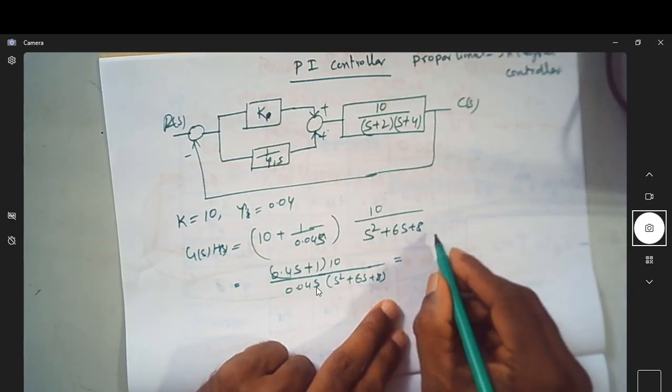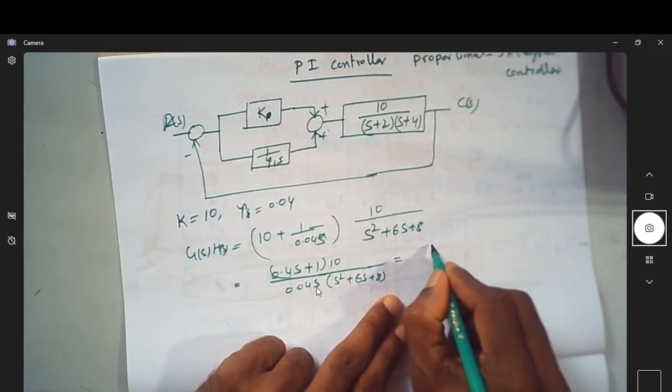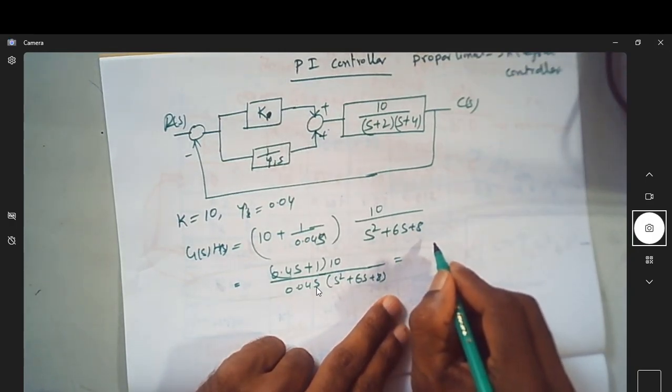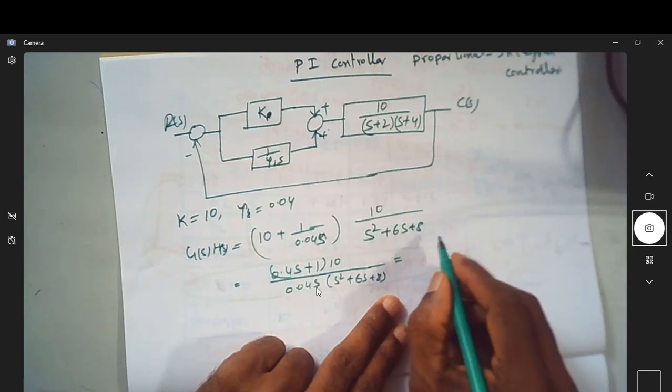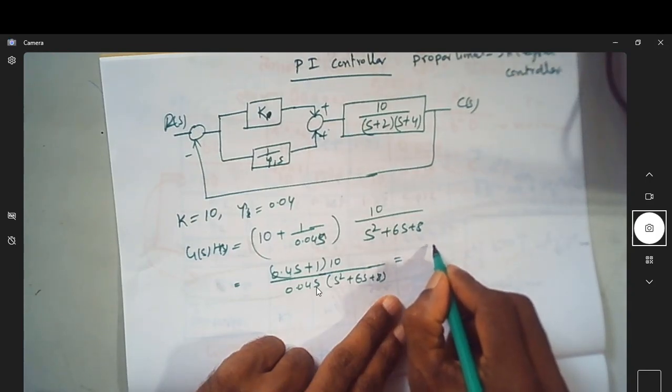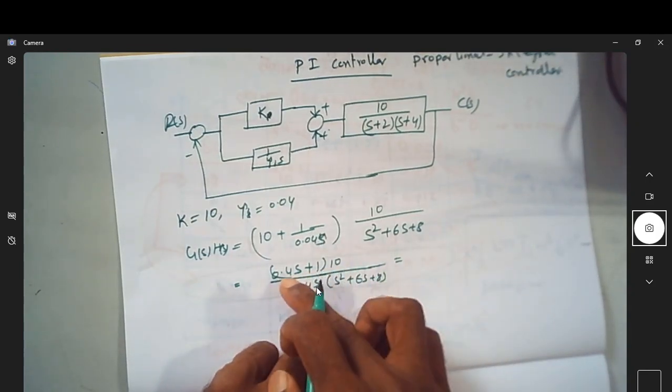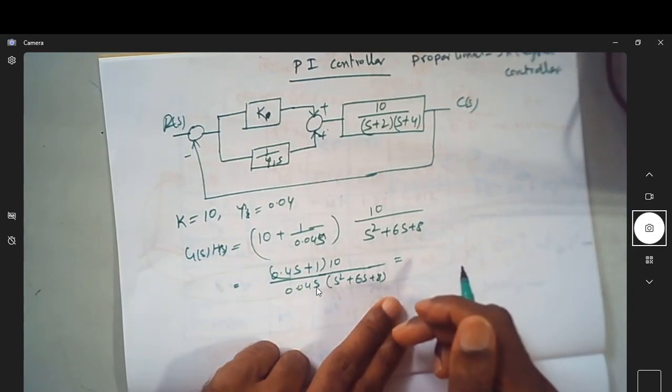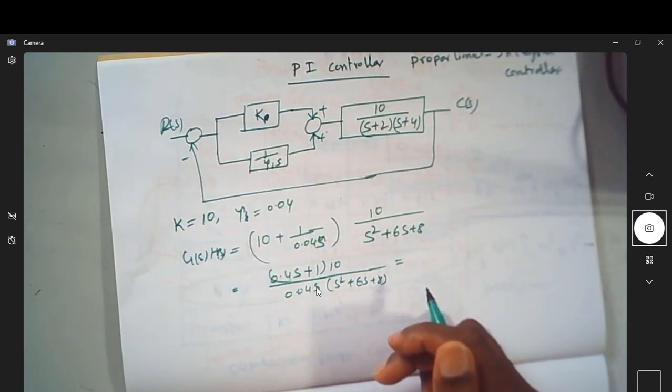Then this can be further written as, now when I multiply this, what will be that value?